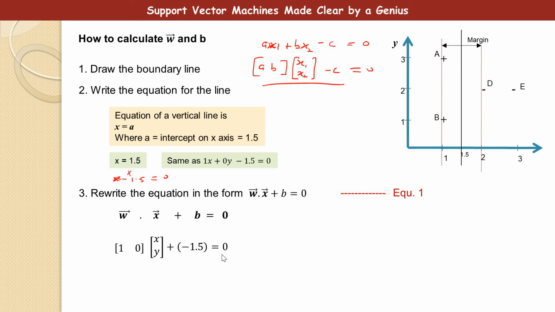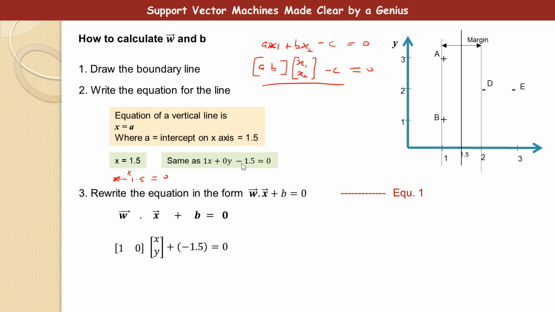I'm sure this is clear. Because this equation x is equal to 1.5 is exactly the same as this. So if it's not clear, feel free to pause this video and make sure you understand it. If it's still not clear, leave me a comment in the comment box and be sure I'm going to reach you by Skype and explain this to you very clearly.